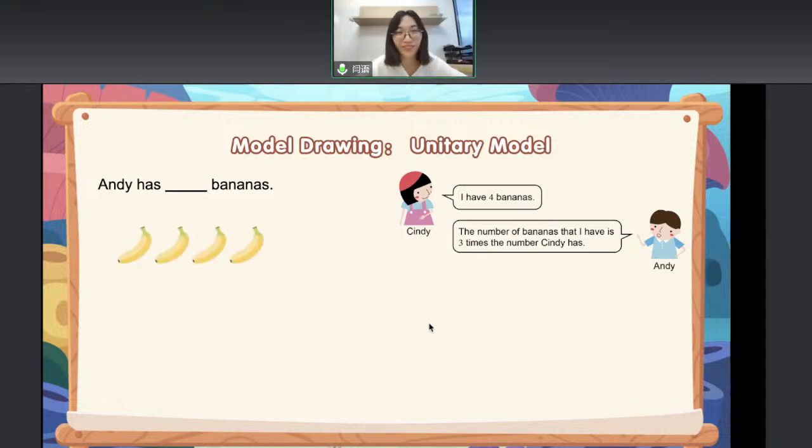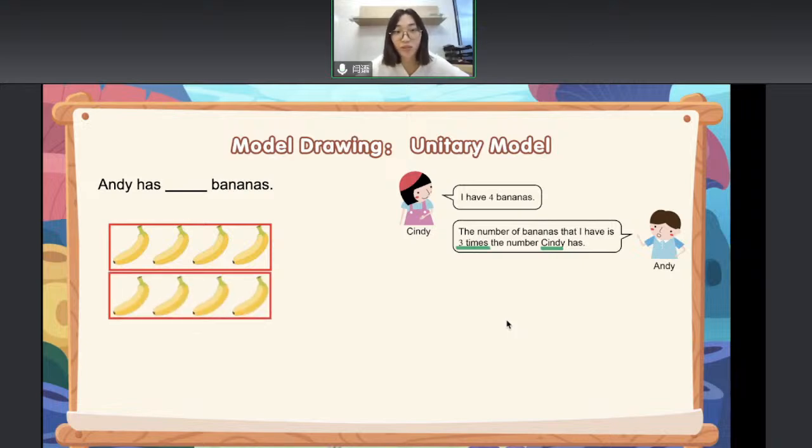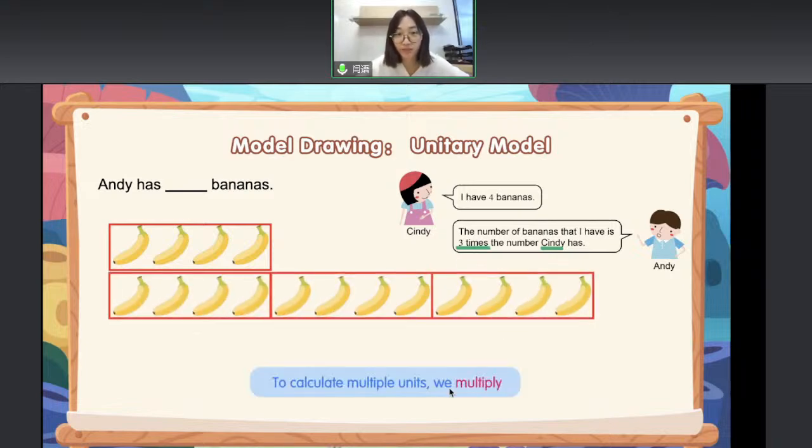Okay, good. Again, you can try to draw the model. 4, that is for 1 unit. And then 3 times the number Cindy has. So actually here, we can get Cindy's bananas should be 1 unit. And then based on 4, you need to multiply by 3. 1, 2, 3.